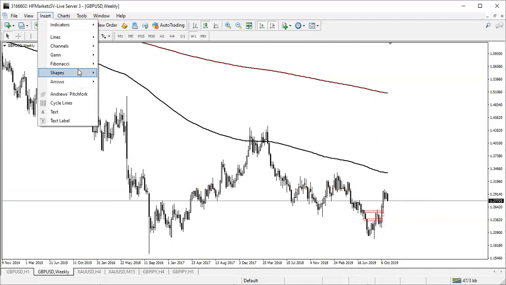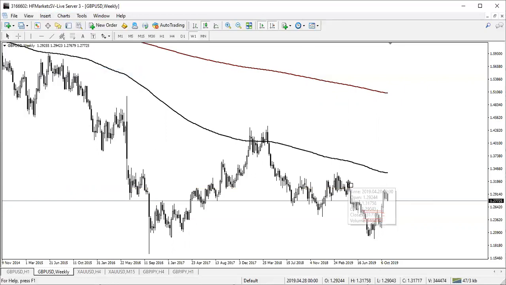Let's take a look at it. Here we have a supply zone there on the weekly.